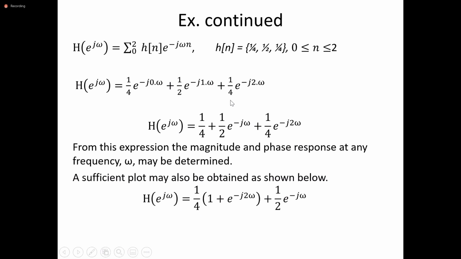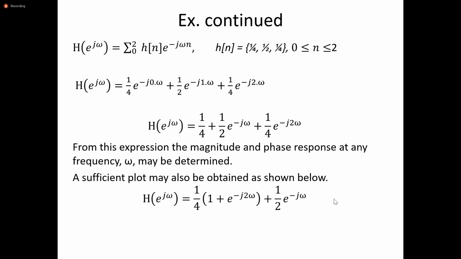I'm sure you're aware that, for example, e to the j omega is cos omega plus j sine omega. So it can be expanded into a real and an imaginary term.